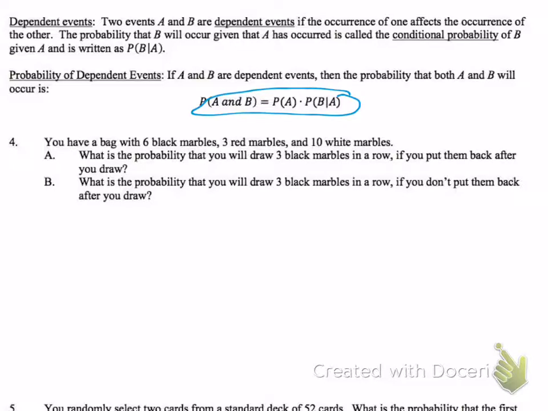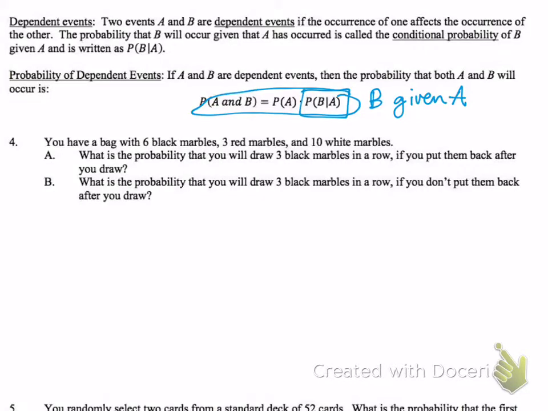So the probability of A and B is the probability of A times the probability of B given A. So in terms of the last example, like in number 3, it's the probability of hearing your favorite song given I've already listened to a song.